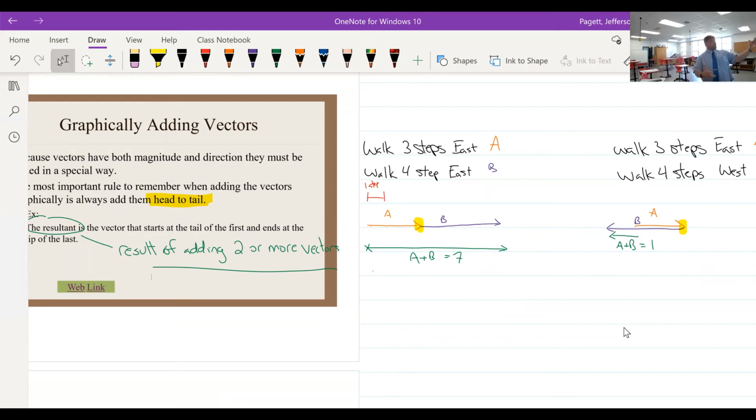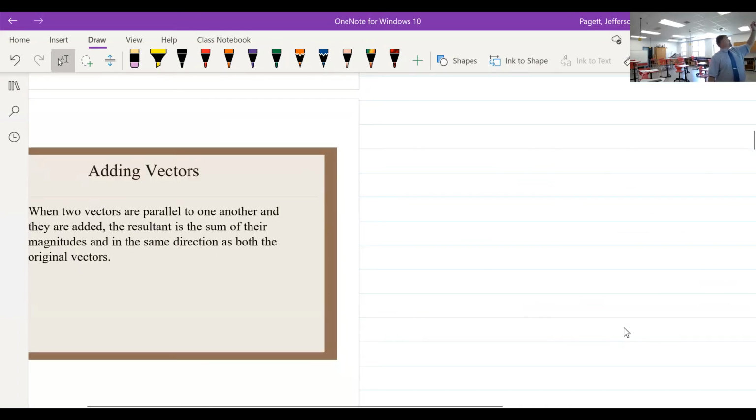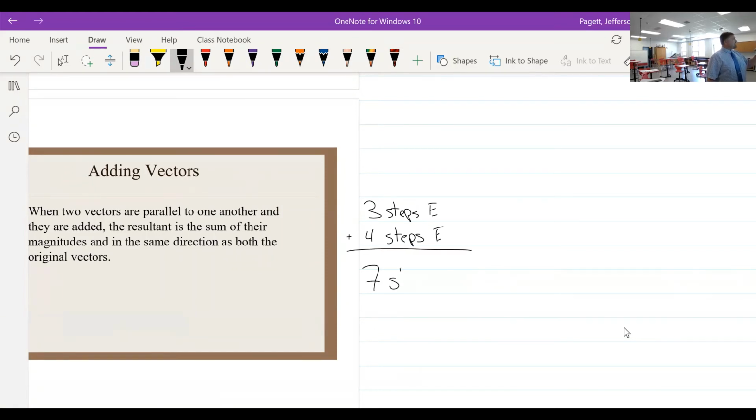The result was just adding them together. So now I'll write this out: 3 steps east plus 4 steps east equals 7 steps east. We just added it. Again, the diagram's up there.